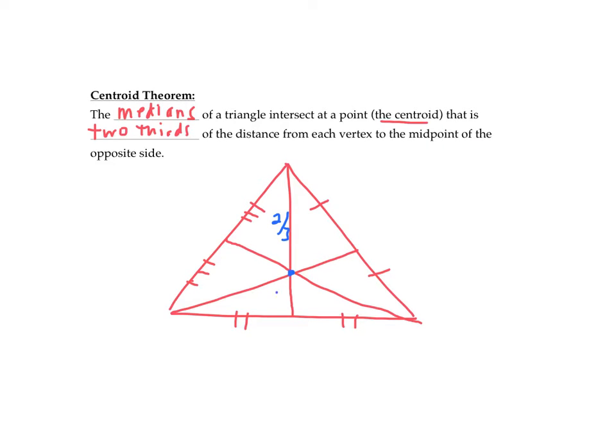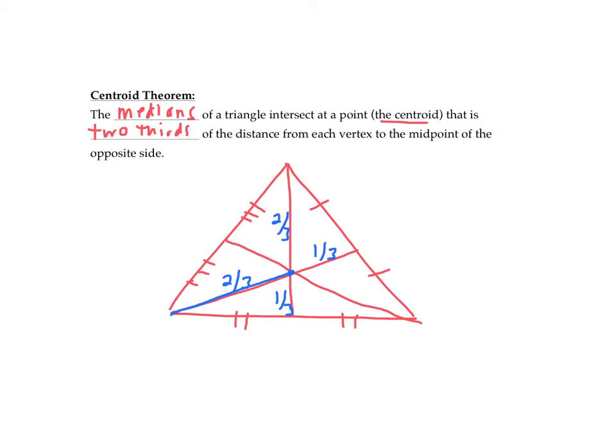In other words, each of these line segments, each of these medians gets divided into two parts, a longer part and a shorter part. The part from the vertex to the centroid is going to be longer, and that's always 2/3 of the entire length of the segment. The part from the centroid to that opposite side will be 1/3.